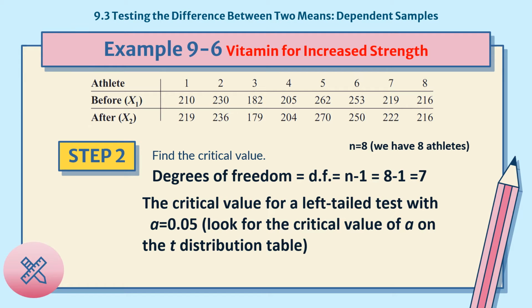So our degrees of freedom, we have df equals n minus 1, which is equal to 8 minus 1, which is 7. Our degrees of freedom is 7. The critical value for a left-tailed test with alpha 0.05, we are going to look for the critical value of alpha and for our degrees of freedom on the t-distribution table.